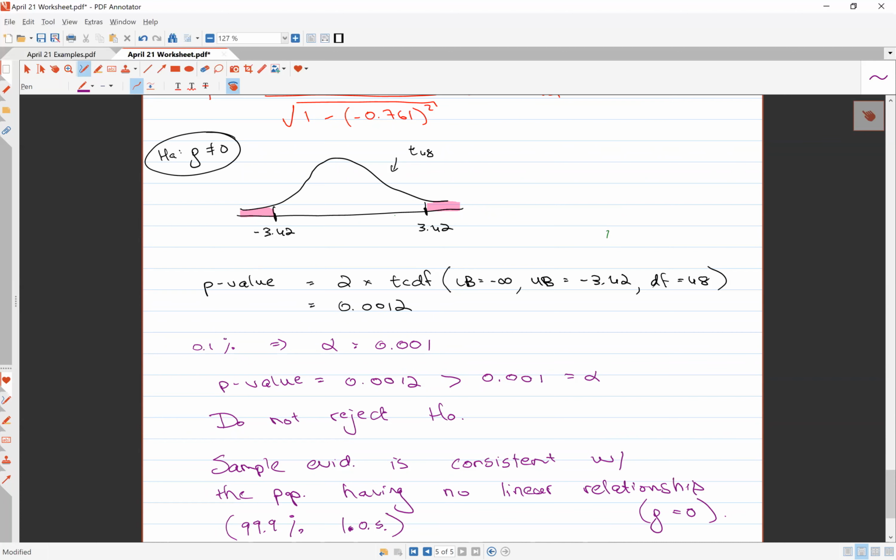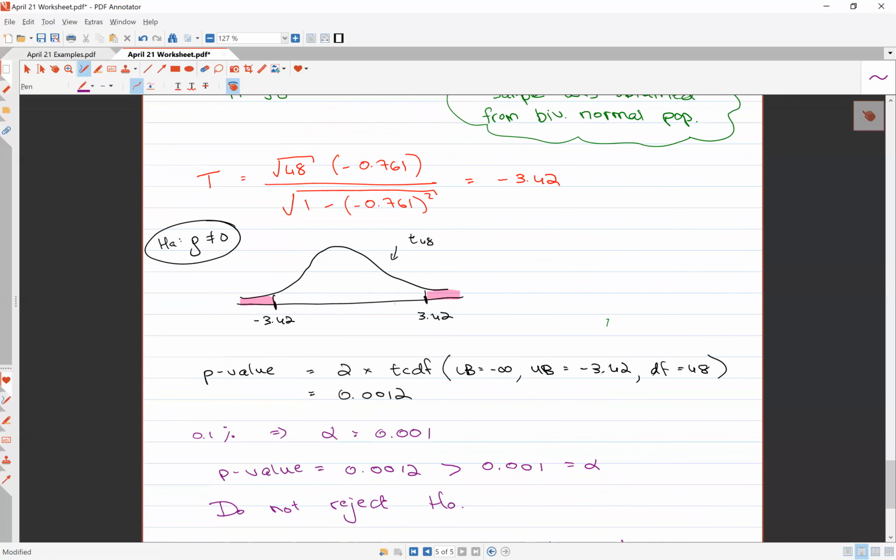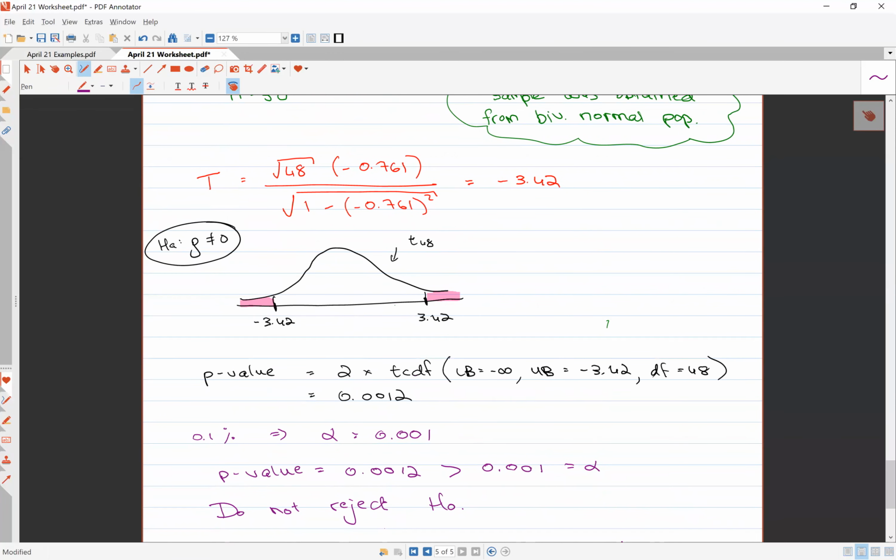So admittedly, we set a pretty high bar in this instance. People rarely do inference at this higher level of significance. But what you could easily say in this instance is, well, our sample correlation coefficient, that's a pretty large value, negative 0.76. It's close to that threshold of going from a moderately strong to a strong correlation.